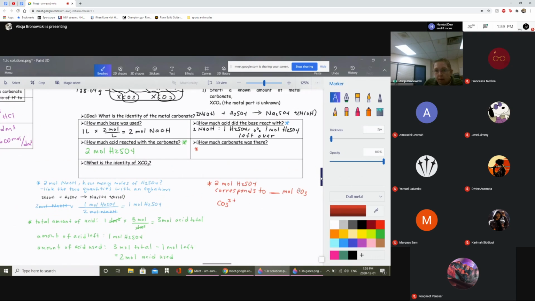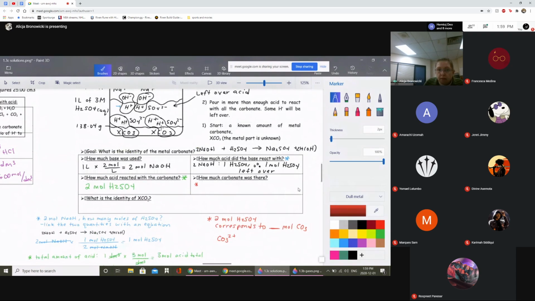So when I have my acid reacting with my carbonate, it's a CO3 2 minus, and it needs 2 H pluses to react with it.